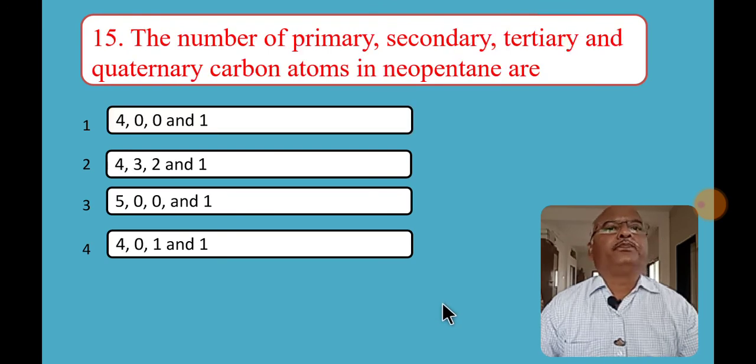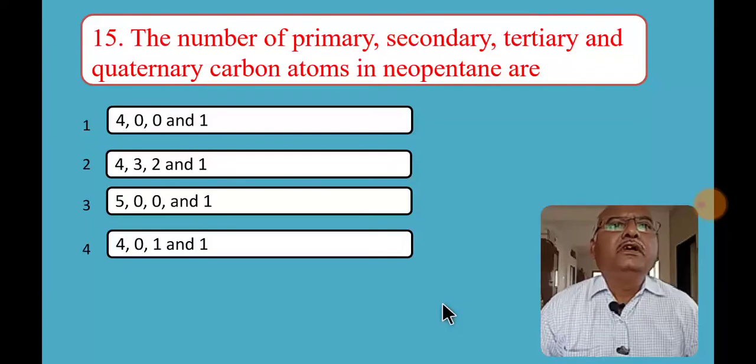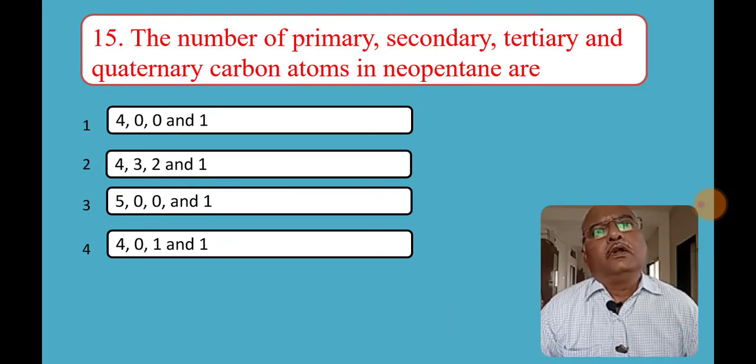Next question. Question number 15. The number of primary, secondary and tertiary and quaternary carbon atoms in neopentane are. Select the correct answer.